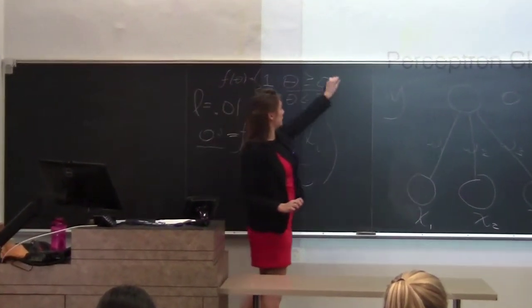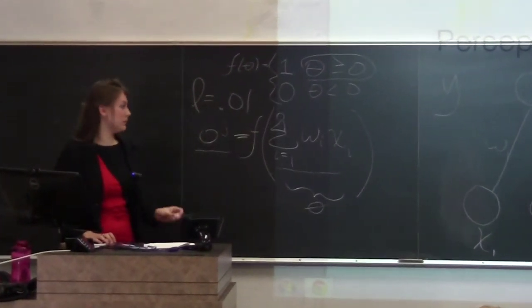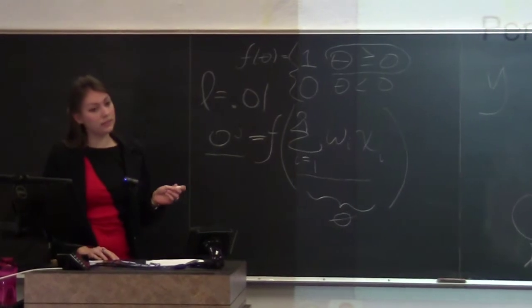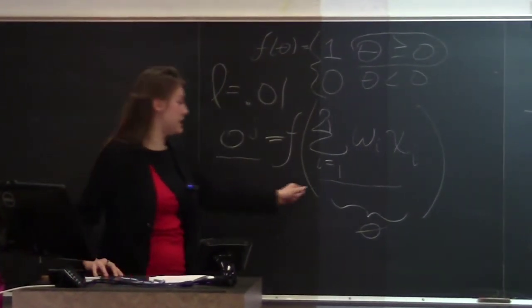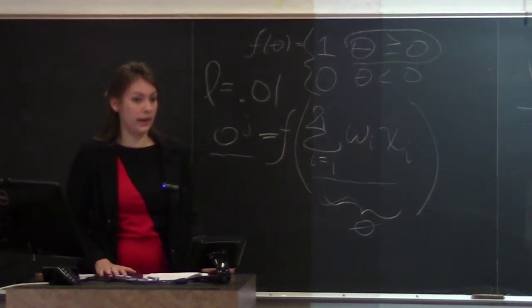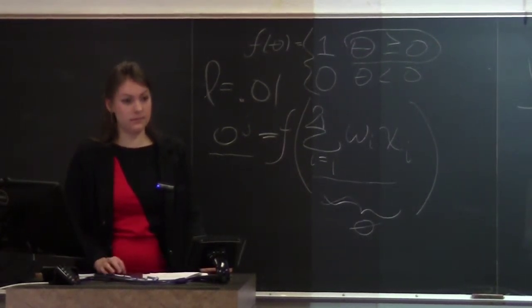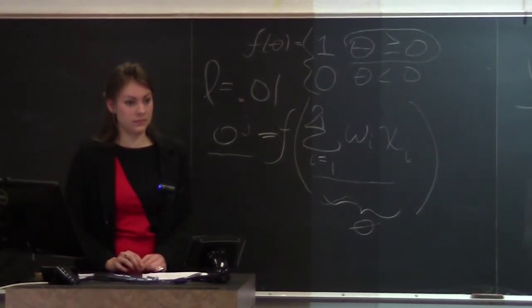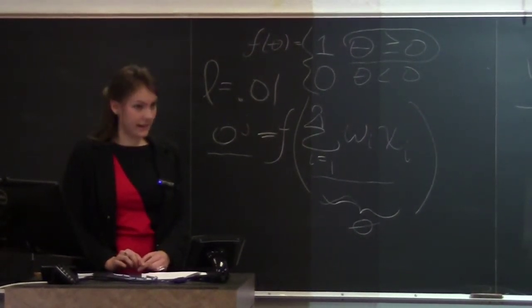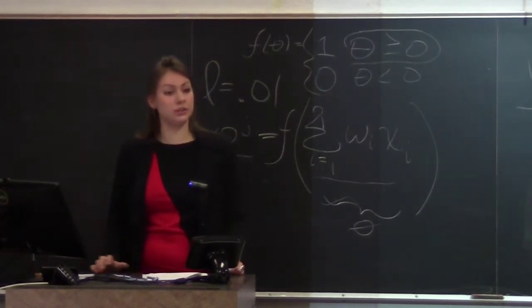Does it have to be 1? This is theta, so the quantity, that sum, we're calling theta. Oh, so if theta is greater than 0, then f of theta is 1. Exactly. The f is just a thresholding function, okay?